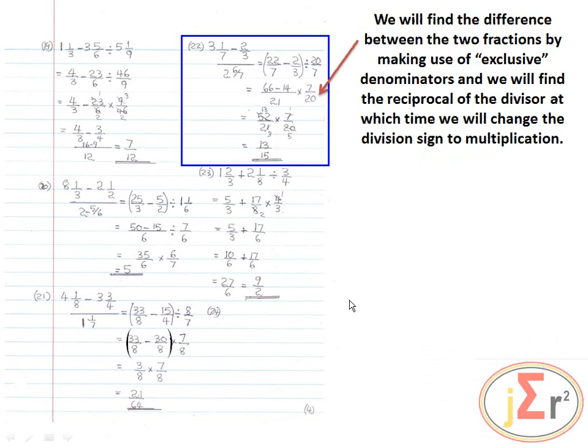We will find the difference between the two fractions by making use of exclusive denominators, and we will find the reciprocal of the divisor, at which time we will change the division sign to multiplication. So 22 over 7 minus 2 over 3.